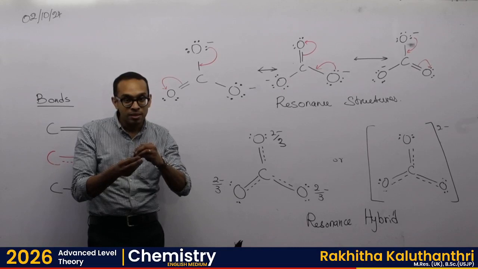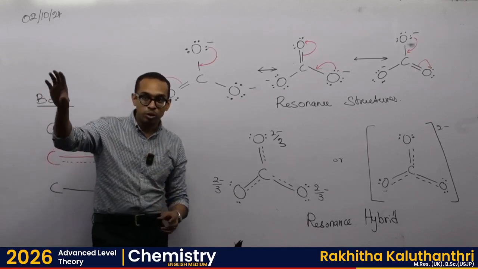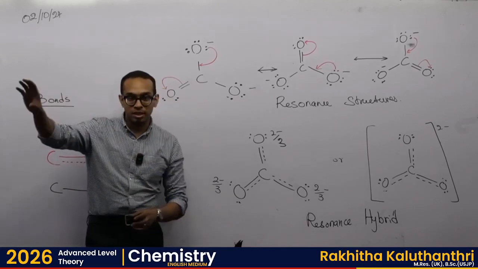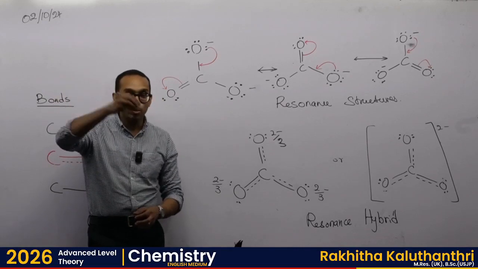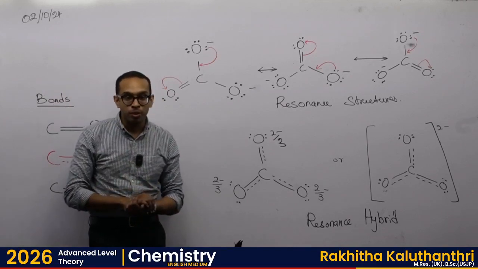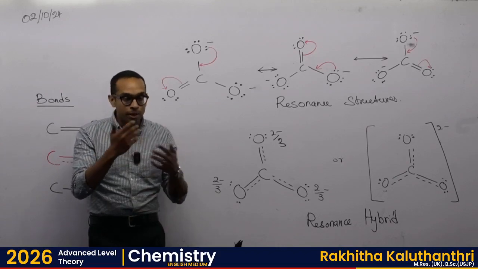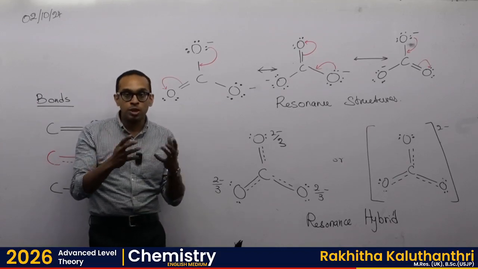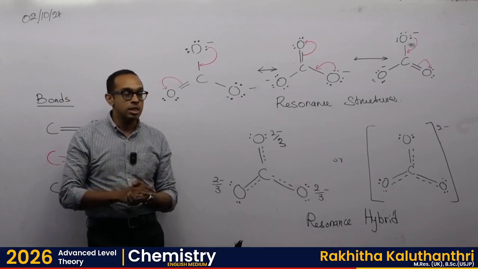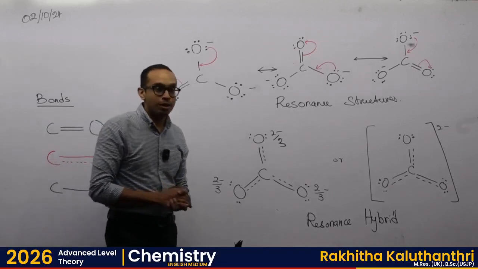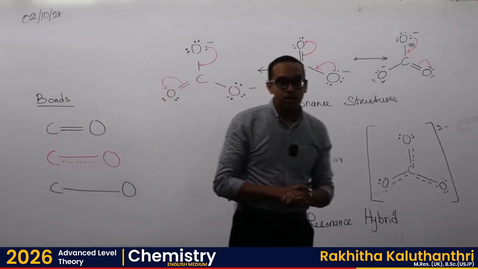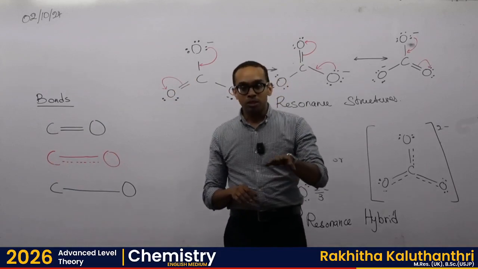Is that clear? So when it comes to non-equivalent types of resonance structures, their contribution is also going to differ. Since at your stage it's very difficult to figure out which is contributing more and which is contributing less, questions that revolve around non-equivalent resonance structures at your level are almost none.